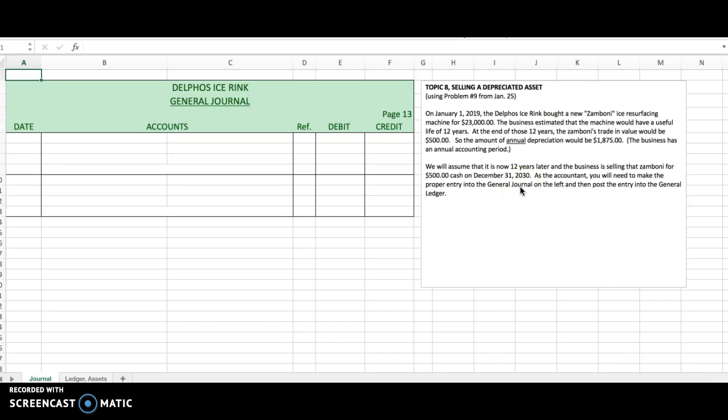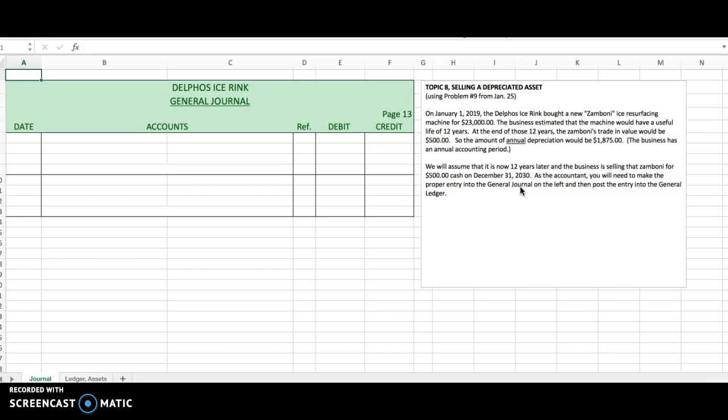Now, before we begin this, one important note. This is a new transaction that you have not had before. You've had many transactions that deal with a debit to cash and a credit to sales, or a debit to accounts receivable and a credit to sales. This is not a sale.